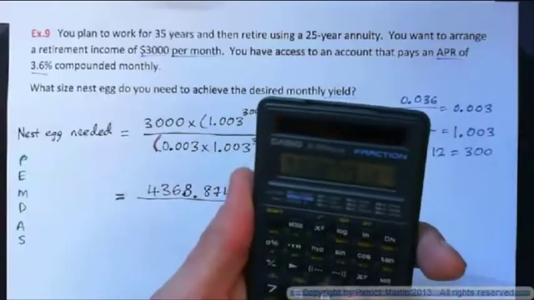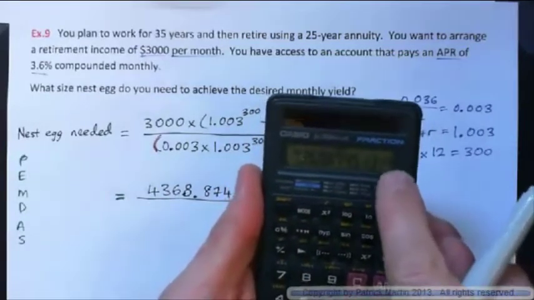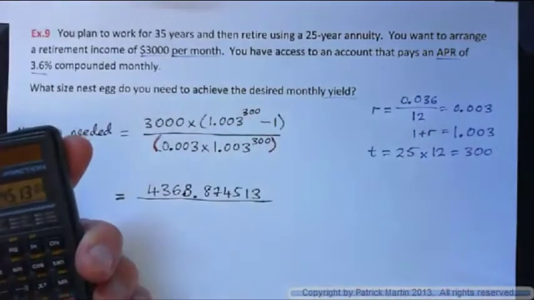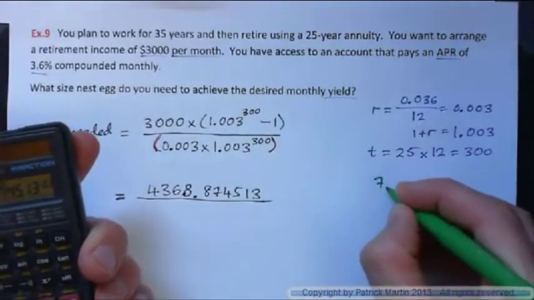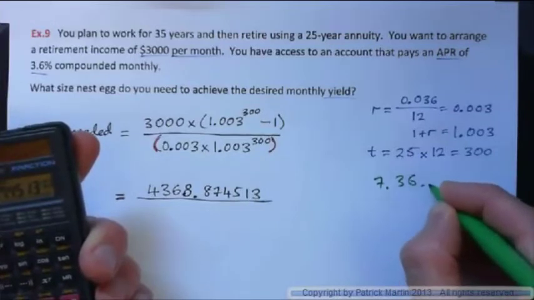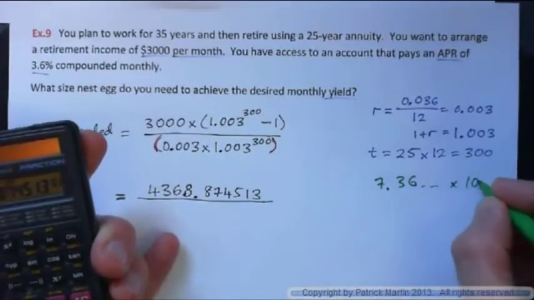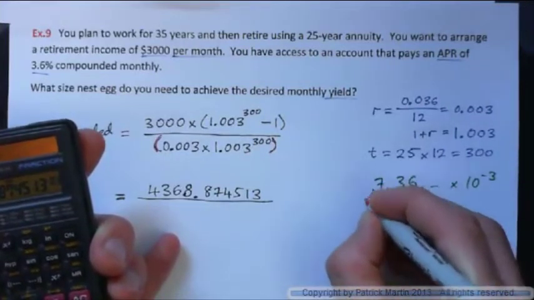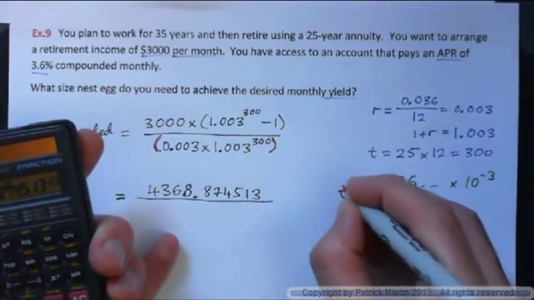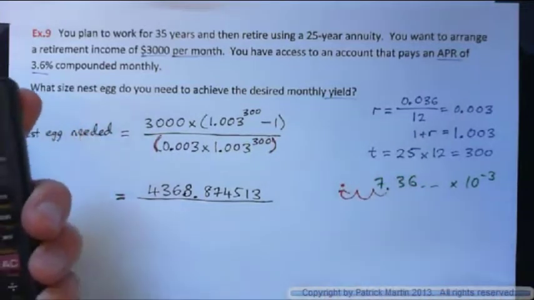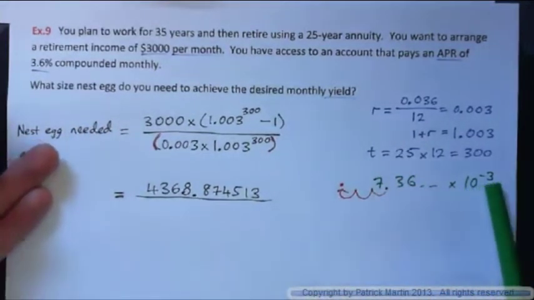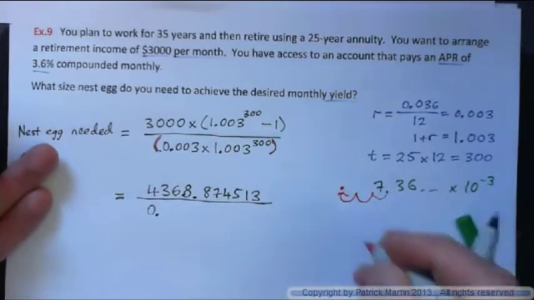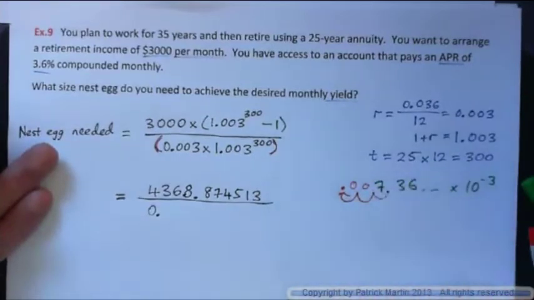On my calculator I've got 7.36, which is actually times 10 to the power of negative 3, which means I need to move the decimal point 1, 2, 3 spaces over, because this number is in fact 0.00 and so on.